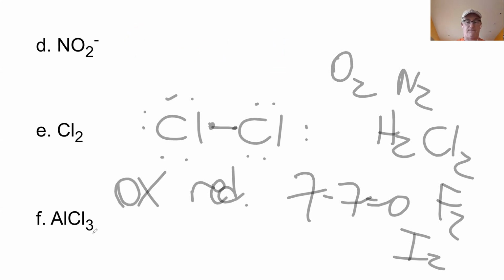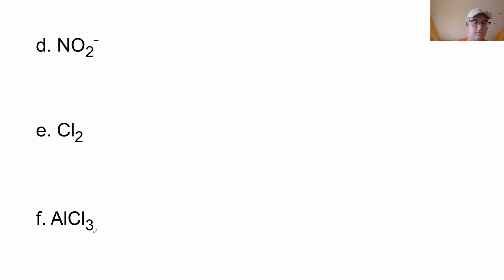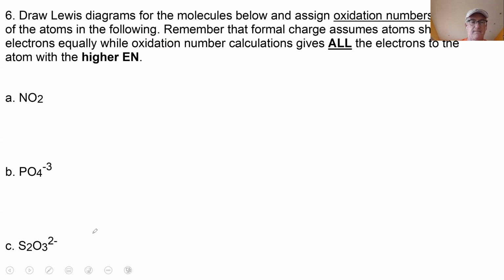Professor, for the one that we just did, why can't we put all double bonds around sulfur? Oh, S2O3, the thiosulfate. Okay, let's try that.